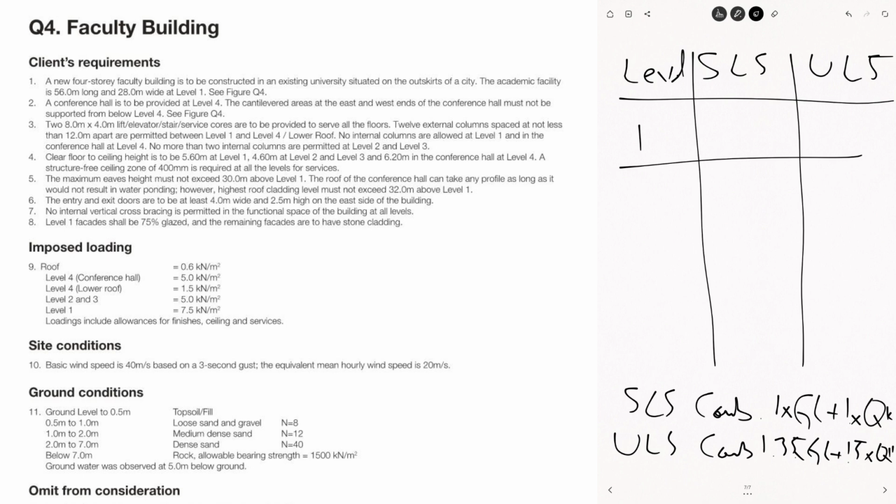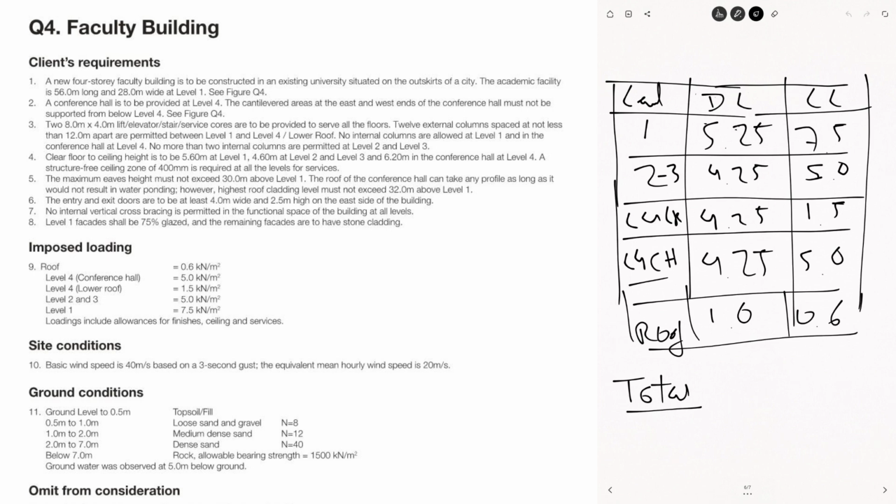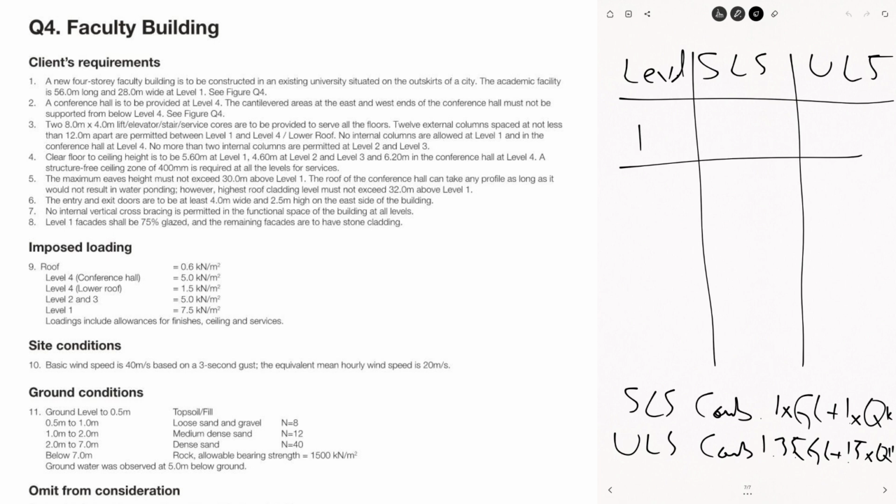Okay, so we come back and do our calculations: 5.25 times 1 and 1 times 7.5. Let's see. That's 12.75 kilonewtons per square meter.